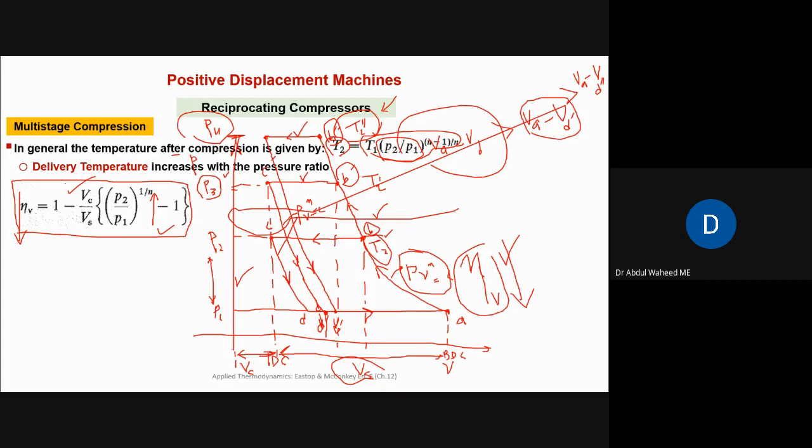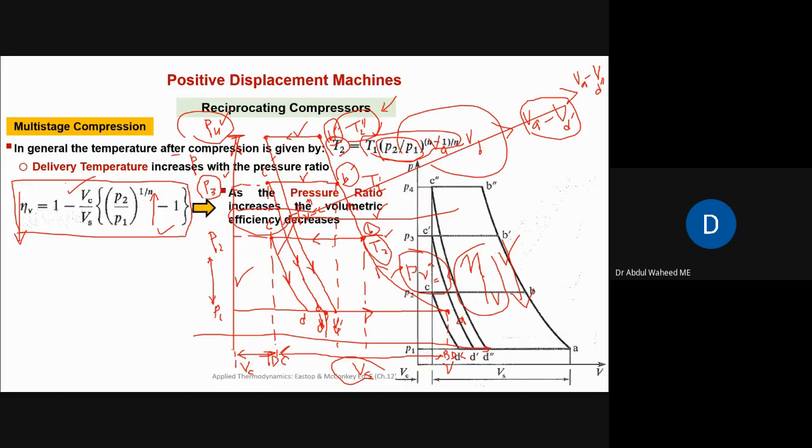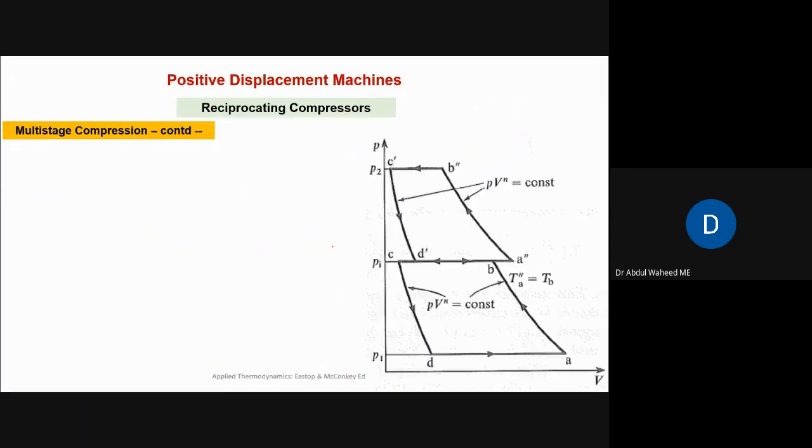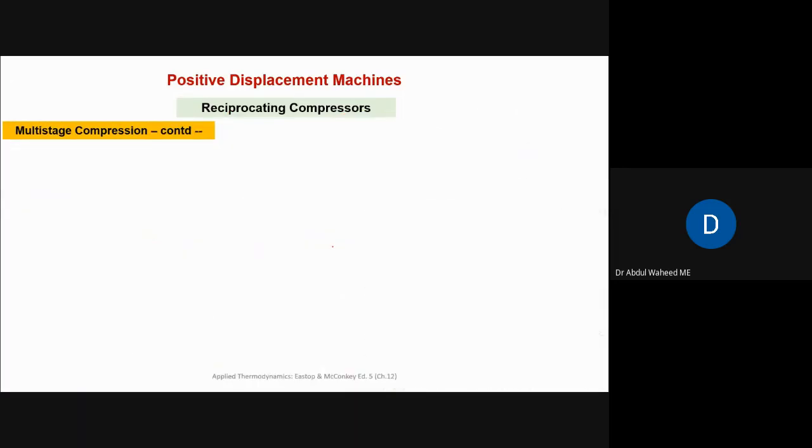But for very high pressures, we have to shift to 2-stage or 3-stage, or in other words, multi-stage compression. This is explained in detail in this slide, in the recorded lecture also. So that's why now we have to study multi-stage compression, the reason why we have to use it.